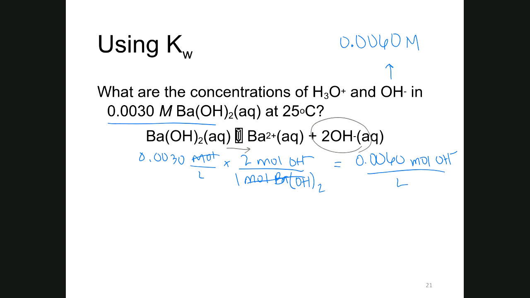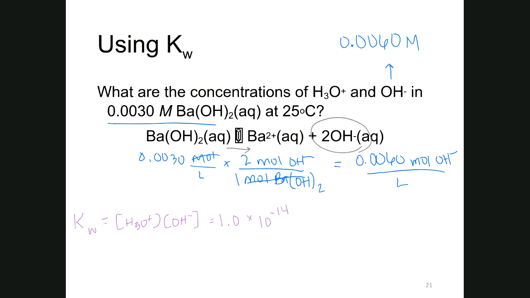So how do we find out how much hydronium there is? We use Kw. So I'll do this in a new color. We can say that Kw is equal to hydronium times hydroxide, and that will equal 1 times 10 to the negative 14.